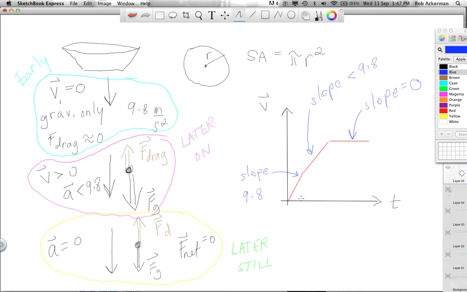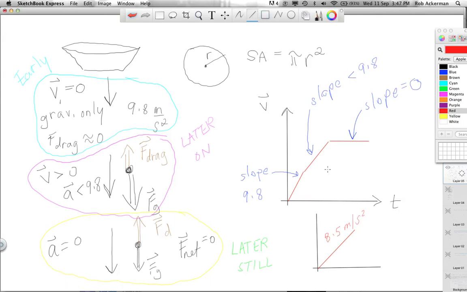So as an example, you might see something where they say, just for argument's sake, pretend that initially, due to wind resistance, the acceleration is, on average, less than 9.8. Maybe just as an average, pretend it's 8.5 meters per second squared on this VT graph.